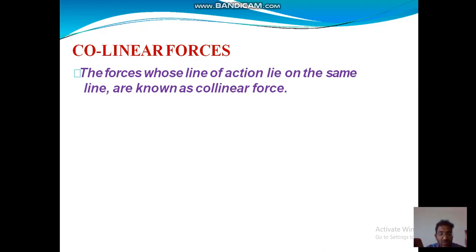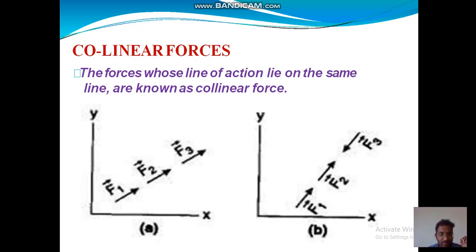You just observe the difference: same plane and same line. Same line means collinear forces. See, all these three forces are acting in the same direction or same line. So these two examples are known as collinear forces.